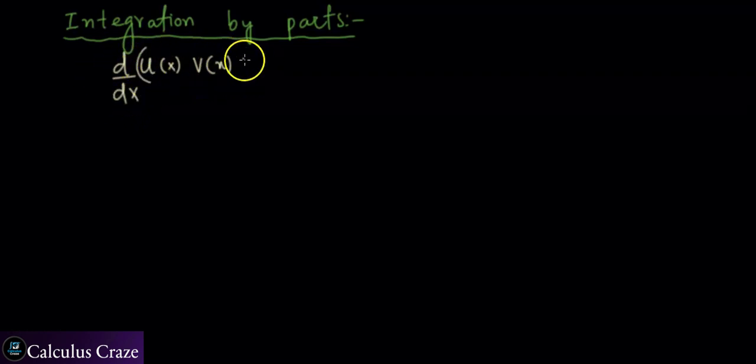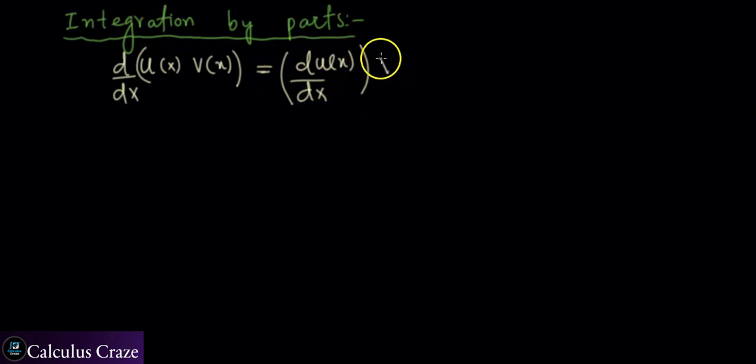So I will start with the product rule of differentiation, in other words, the Leibniz rule. If I have two functions, let's say u and v, which depend on x, and I want to differentiate these two functions with respect to x, then my Leibniz rule says that you differentiate your u and keep your v the same, plus you keep your u the same and differentiate your v of x.